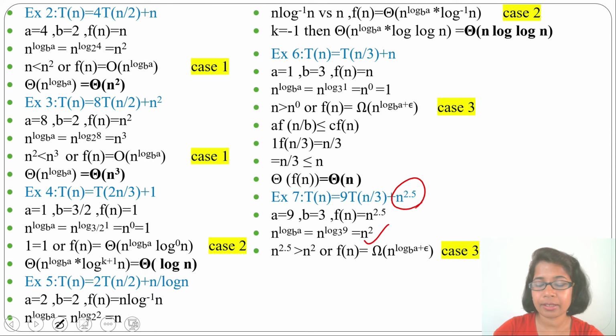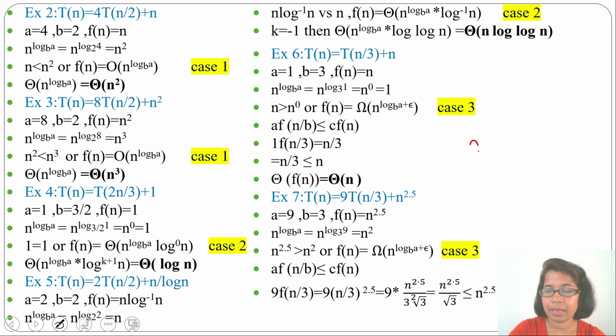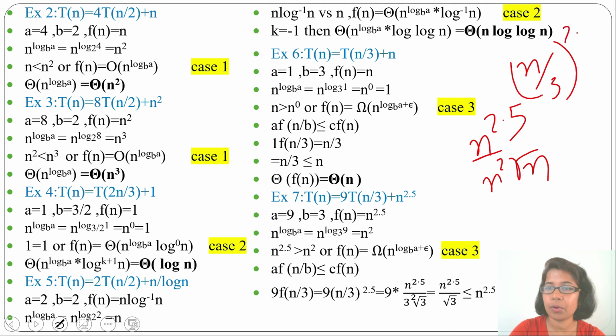We need to check another condition, so a times F of n divided by b should be less than or equal to c times F of n. The a value is 9, the b value is 3. So 9 times F of n divided by 3, that is 9 times n divided by 3 power 2.5. What is Fn? Fn is n power 2.5, or you can write n square root n. In place of n we write n divided by 3.